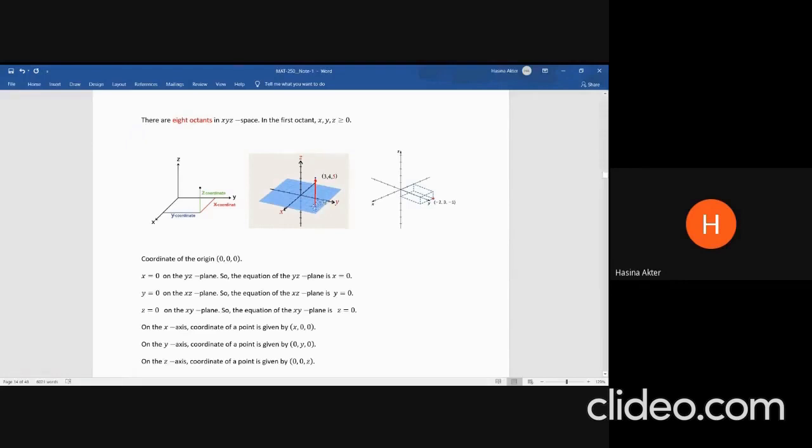Distance from the y-axis is 3. Distance from the x-axis is 4. That means x is 3, y is 4, and this red pole has the height 5. So the location of this blue ball in 3D space is 3, 4, 5. All good?